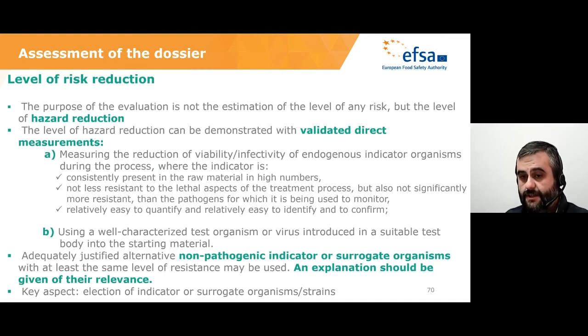So it should be a microorganism that if it proves that a 5 log level is achieved for this microorganism, it's very sure that a 5 log level would be achieved for any other pathogenic bacterial hazard that could be present in the material.